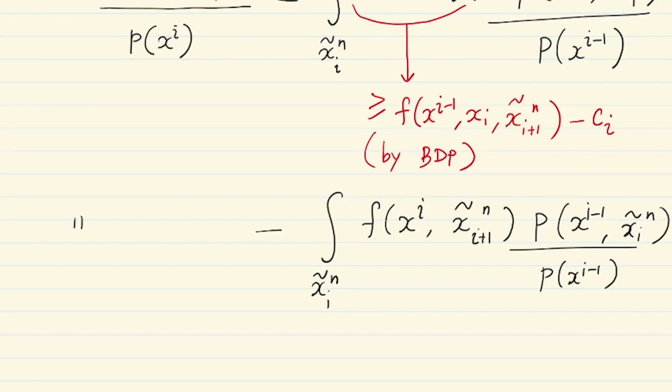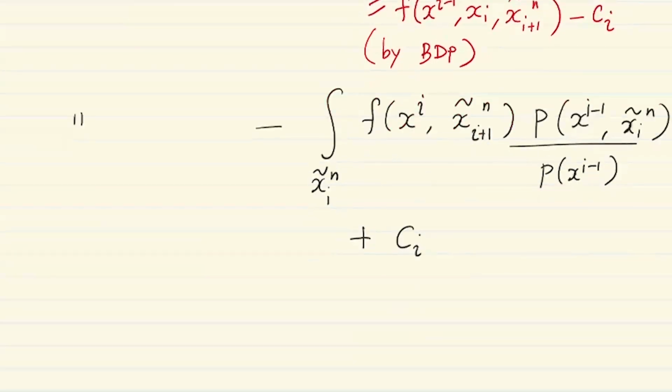And the minus c_i just gives you a plus c_i at the end as a constant, because if you integrate this term over x tilde i to n, you will just get 1 by definition of the conditional distribution. So you have some integral minus some other integral plus c_i as an upper bound.